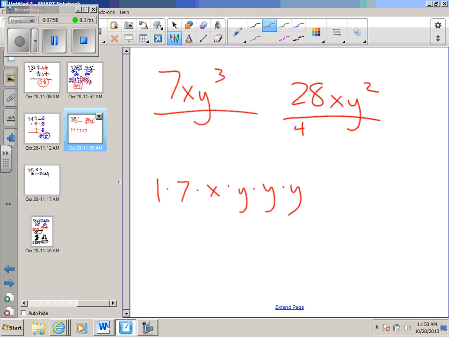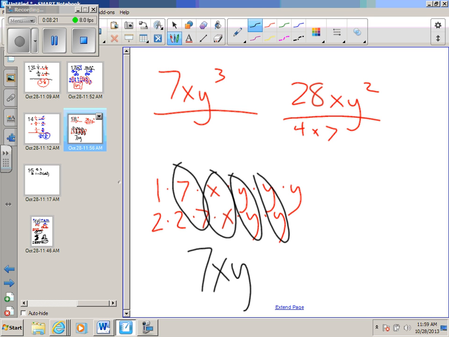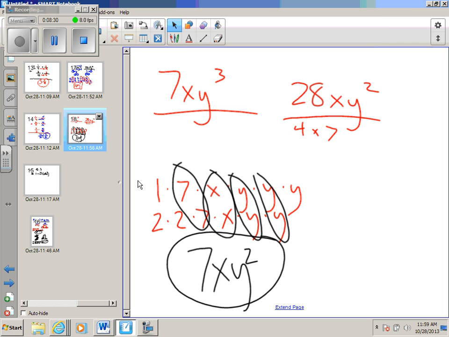For the 28, that's 4 times 7, which is 2 times 2 times 7, 1x, and 2 y's. So I do have a 7. I do have 1x. And how many y's do we have? 1, 2. 7xy squared. So that's what you're looking for with those.